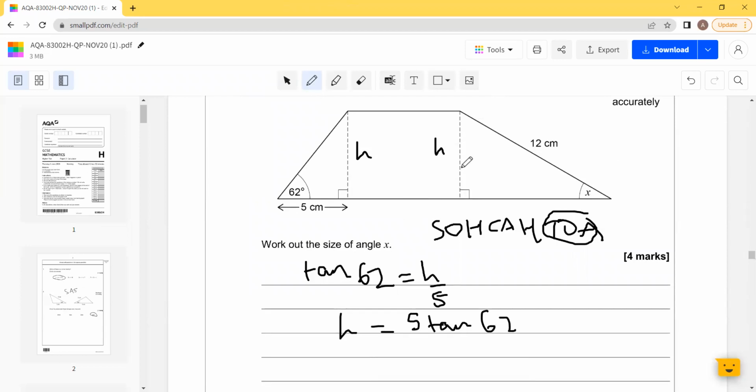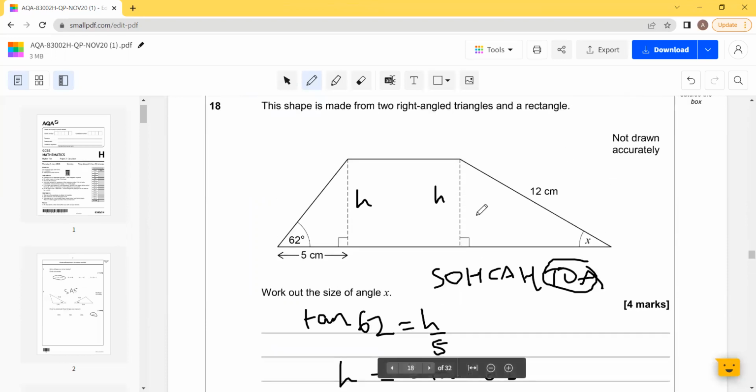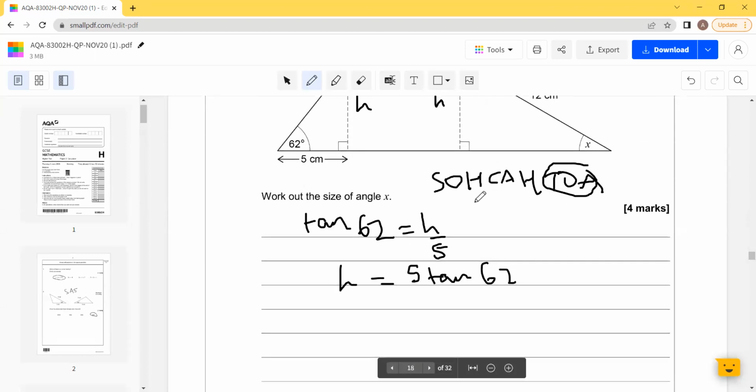So if I know h is 5 tan 62, then I can again use SOHCAHTOA. In this case, for angle X, the h is opposite it, and 12 is the hypotenuse. So opposite and hypotenuse, so we're going to use sine.